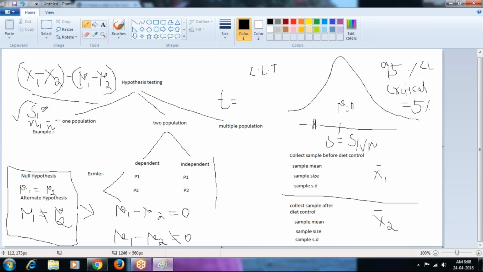This is the t value. So what it is saying is, the t value will be x1 minus x2 minus mu1 minus mu2, divided by the root of s1 s2 by n1 n2. That's how you will get the t value.